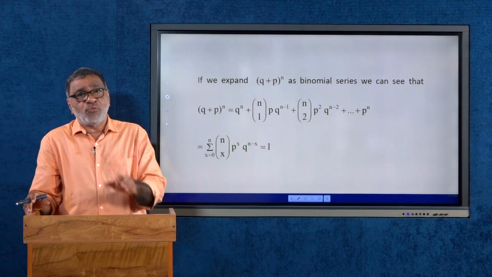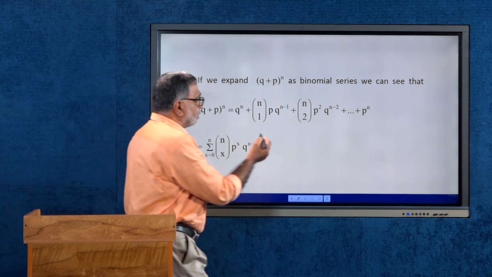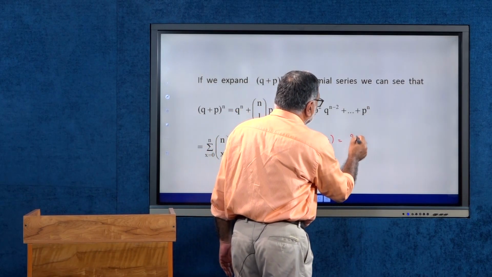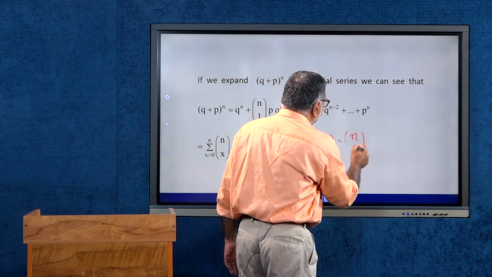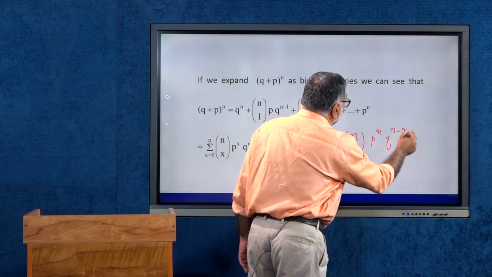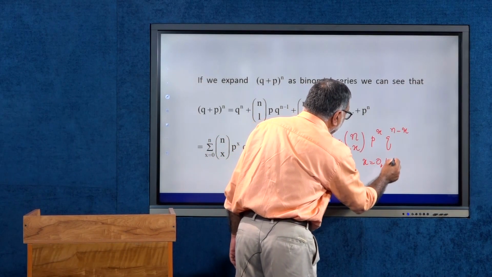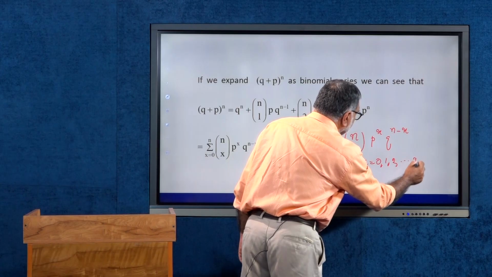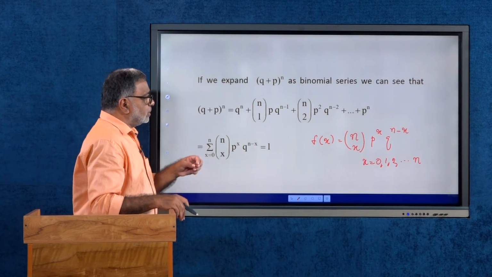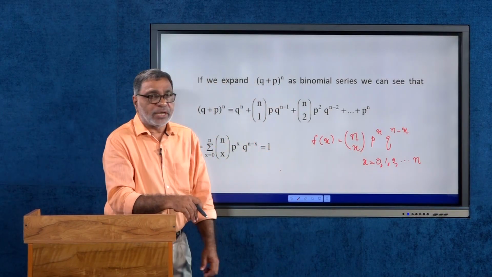And one more thing you can note about f(x): we have the value nCx p power x q power n minus x, where x is any value from 0 to n. So when x is equal to 0, this value becomes q power n.